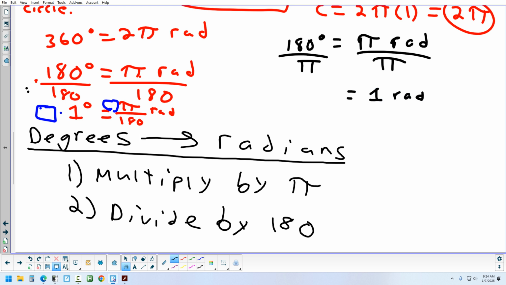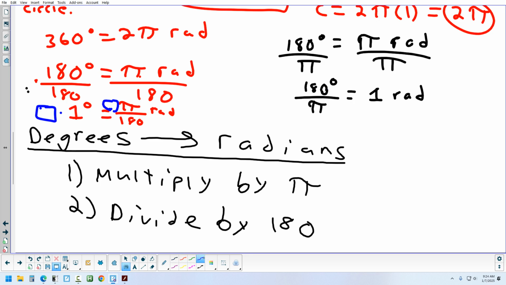1 radian equals 180 degrees over pi. So that is exactly what 1 radian is. If you did that out on your calculator, 180 divided by pi, I think it's about 57 something. All right.